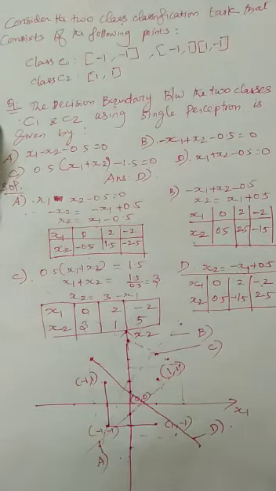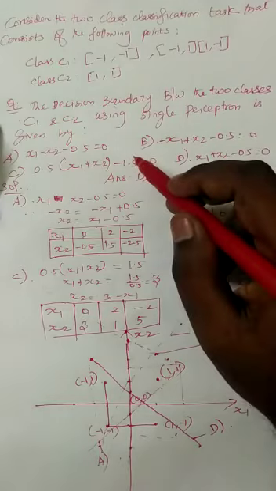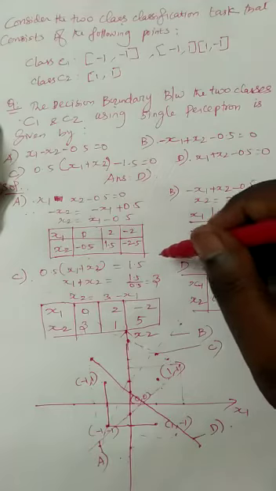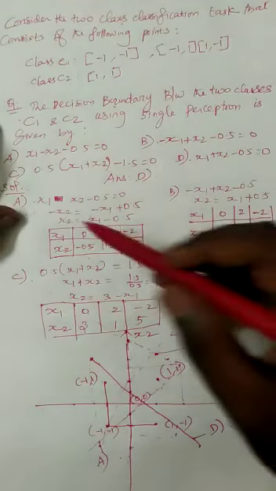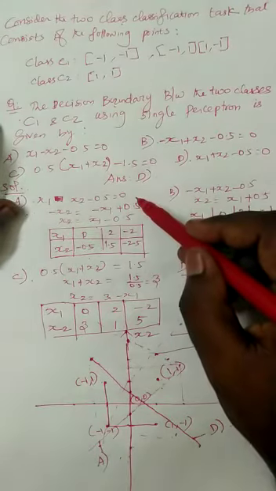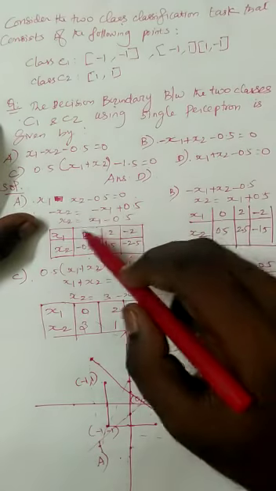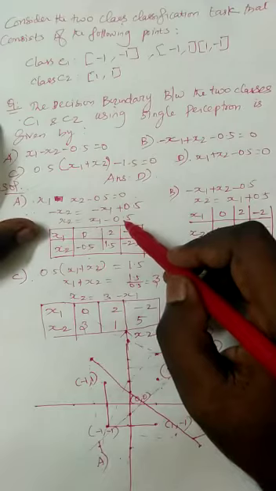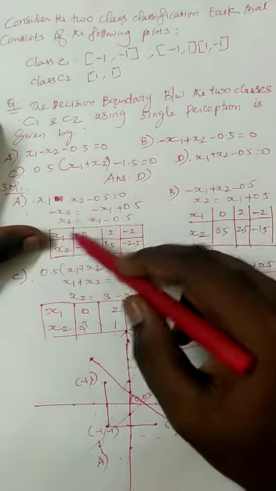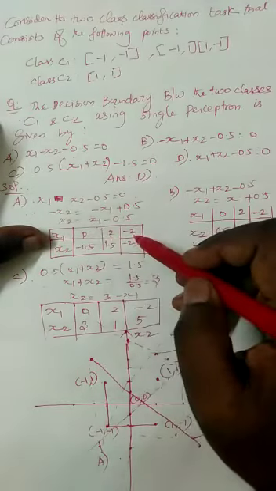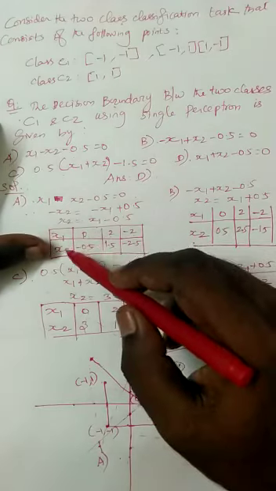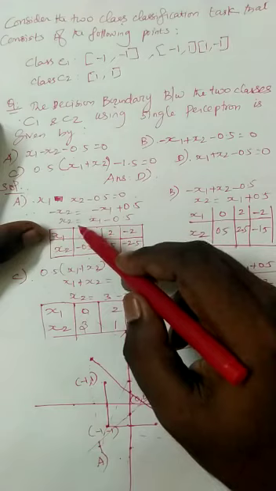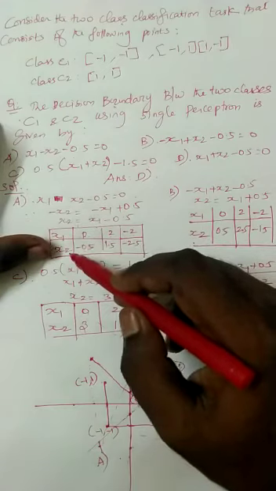Before deciding which line separates the two classes, we want to work out all the options. Option A: I can rewrite this as x2 = x1 - 0.5. Take x1 as some points, 0, 2, -2, substitute each x1 value in the equation, and you get the x2 points.